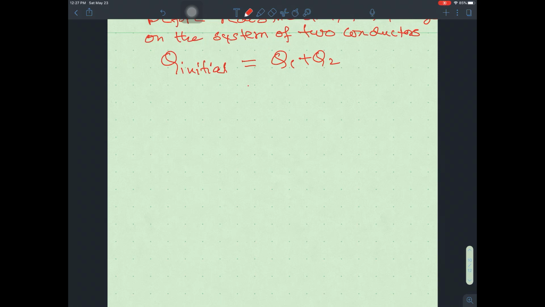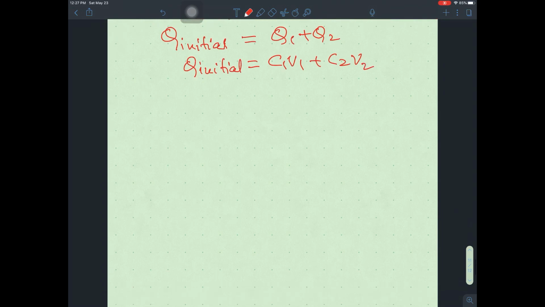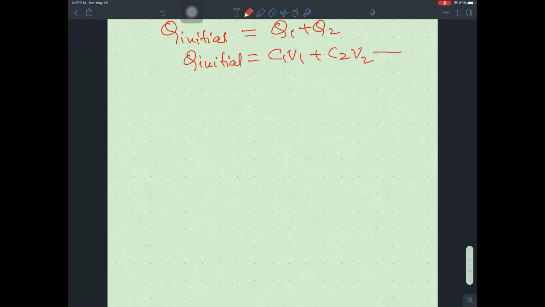There is no confusion. So Q initial is equal to C1 V1 plus C2 V2. This is the charge that we are getting. Take it as equation number A.